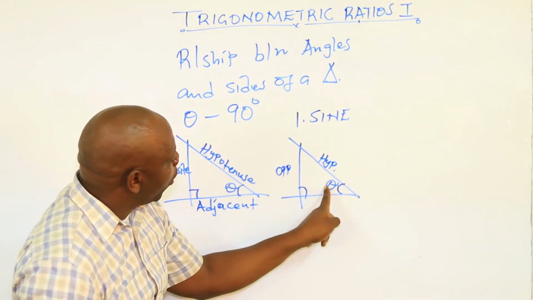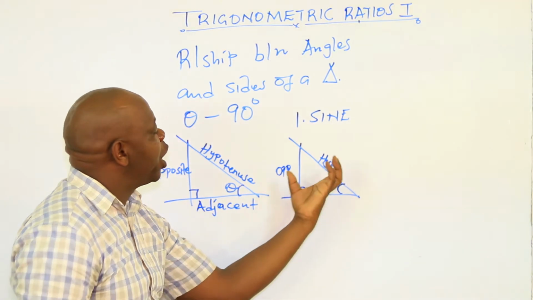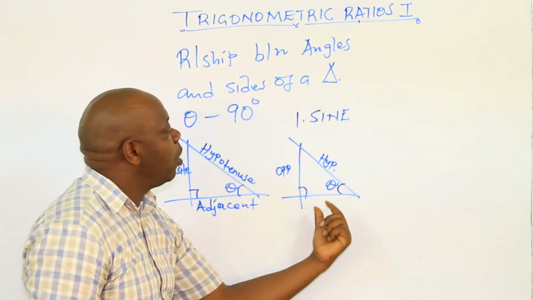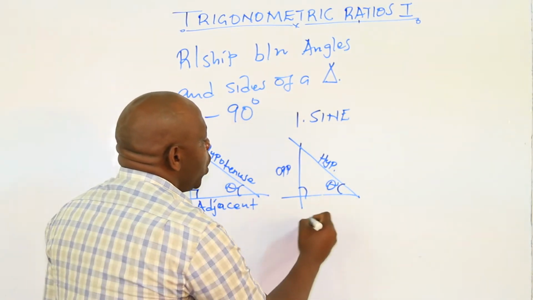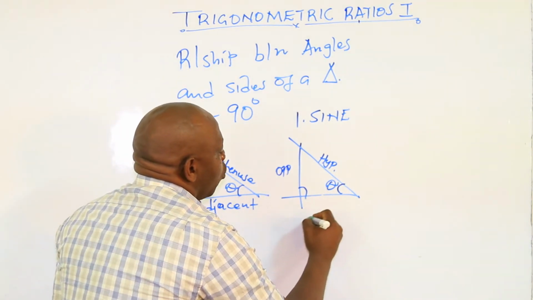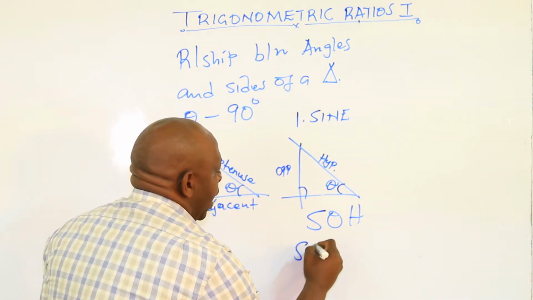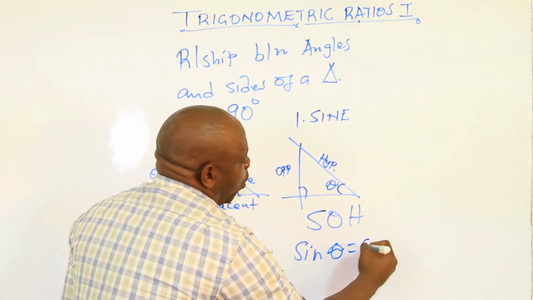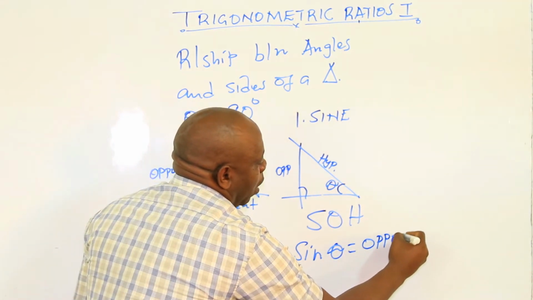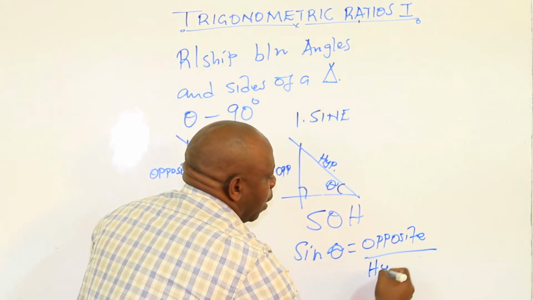This angle, the opposite and the hypotenuse have a relationship, and that relationship is what we refer to as the sine. And therefore, we use the word SOH, which means sine of theta is given by opposite over the hypotenuse.